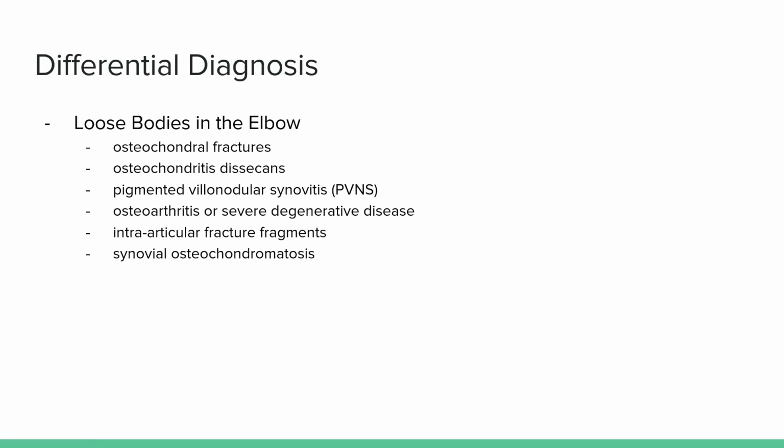Some differential diagnoses for loose bodies in the elbow could be osteochondral fractures or osteochondritis dissecans, pigmented villonodular synovitis, PVNS basically, osteoarthritis or severe degenerative disease, intra-articular fracture fragments, synovial osteochondromatosis.